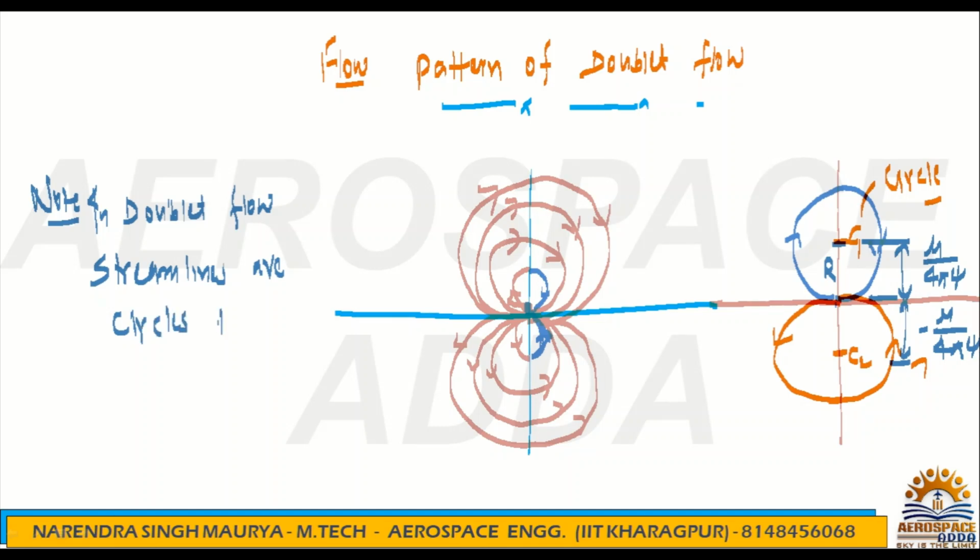Streamlines are circles, that is okay, but where is the tangent?